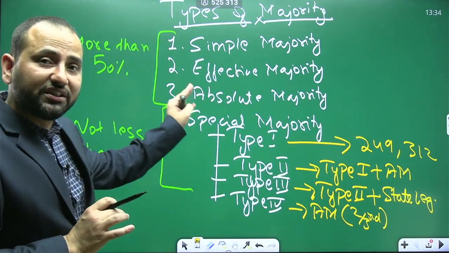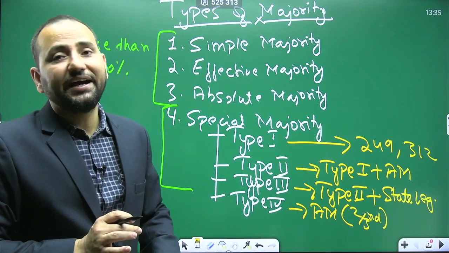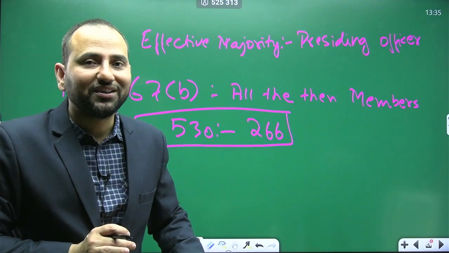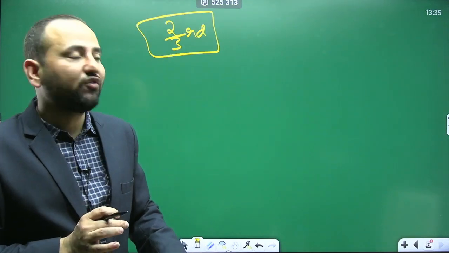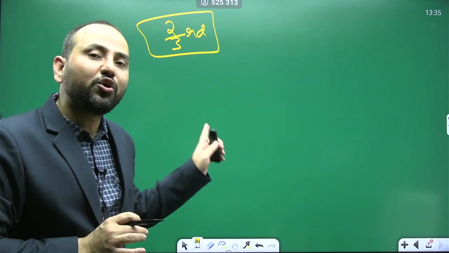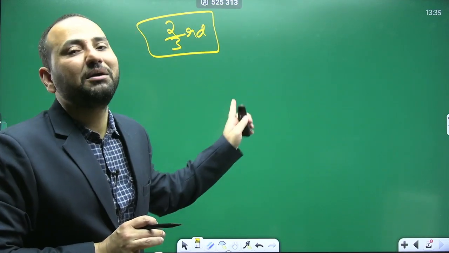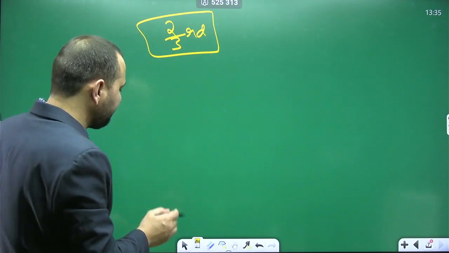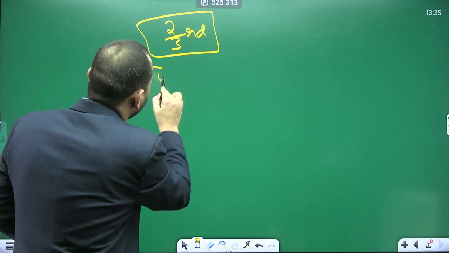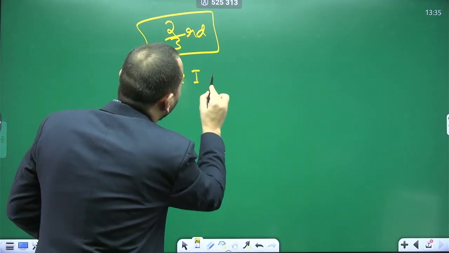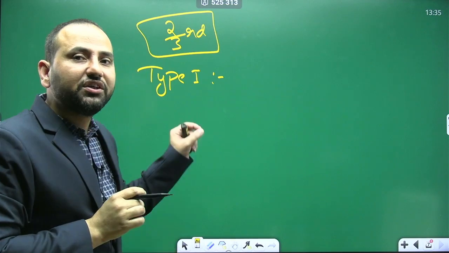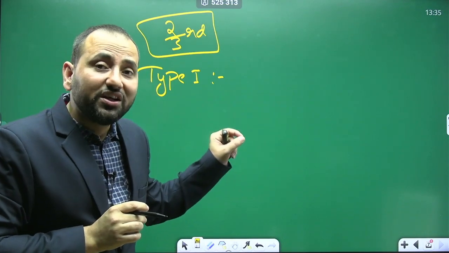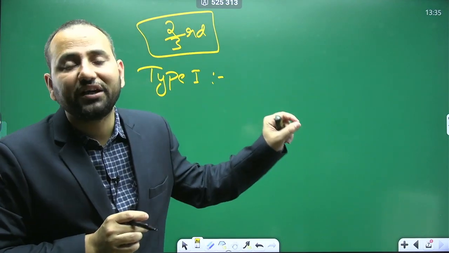So what was the scenario in simple majority? In the scenario of simple majority, we saw the process in a very different manner. And what was that manner? The manner was, we wanted to have the majority of the members present and voting. So this is what happens in the case of type 1 also. Whenever we see this concept of type 1, we just see one dimension, that is not less than 2/3 of the members present and voting in the house.